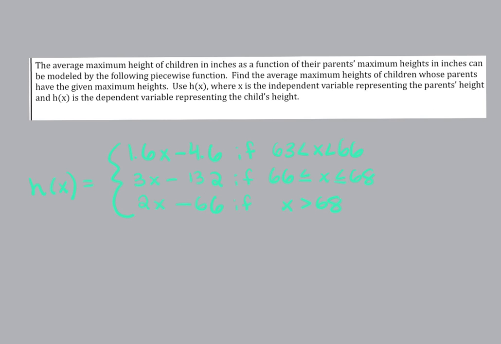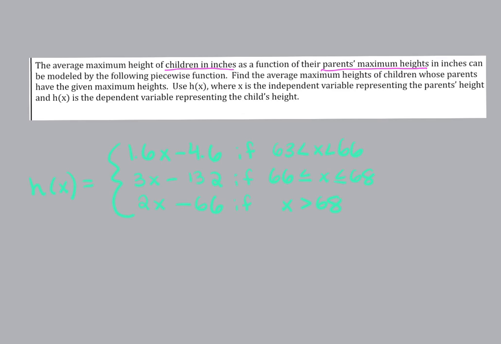Okay, now we have just a story problem using piecewise functions. Before we read it, why don't you pause the video and write these equations down. All right, so let's read. We've got the average maximum height of children in inches as a function of their parents' maximum heights in inches can be modeled by the following piecewise function.